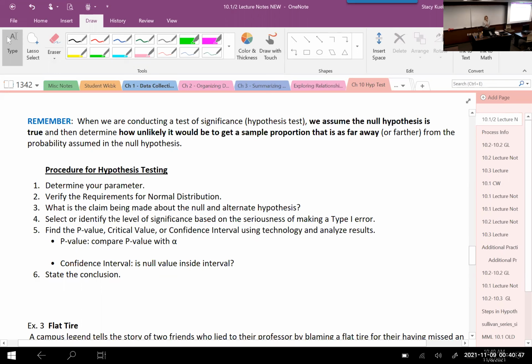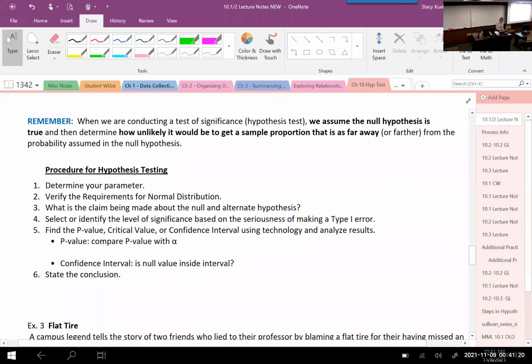Everybody put a little 'I'm going to use StatCrunch' next to number 5. We're not going back to our Rossman-Chance app. We're going to use technology to find the p-value. We are focusing on the p-value, but I'm going to show you the critical value method in a minute also.